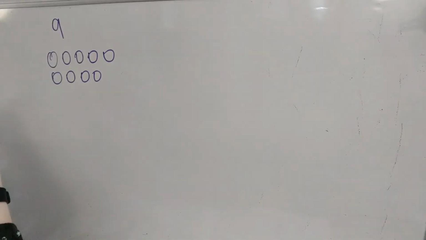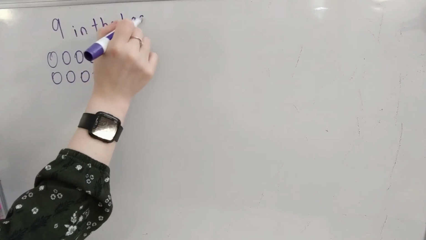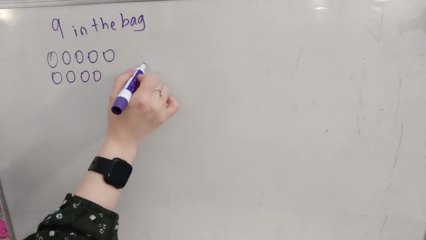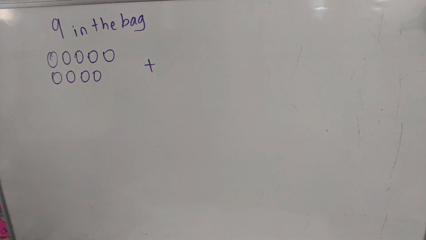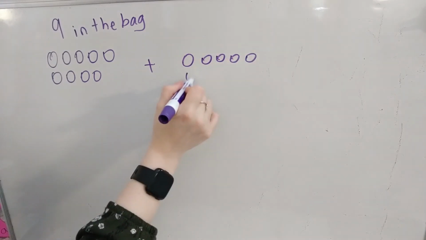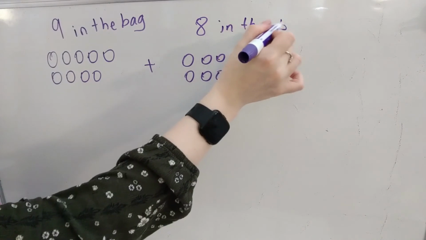There's 9 nails. I'm going to label it in the bag. And, it said and, so I'm thinking probably we're going to add 8 nails in the box. 1, 2, 3, 4, 5, 6, 7, 8 nails in the box.